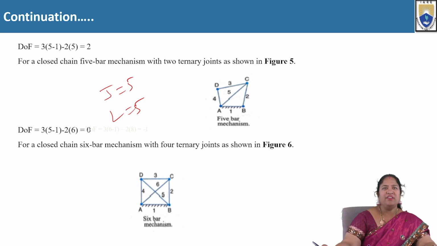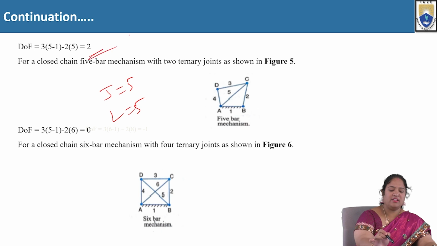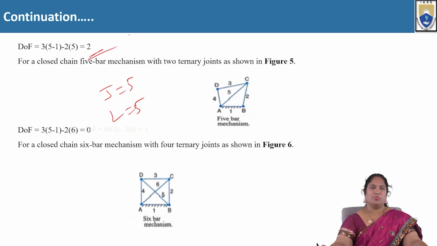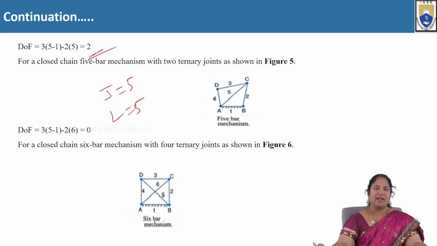So 3 into (5 minus 1) minus 2 into 5, where we are getting the degrees of freedom as 2, again for a 5-bar mechanism.